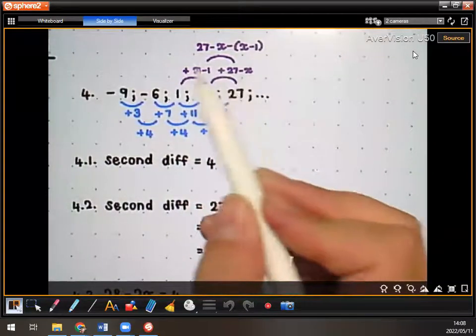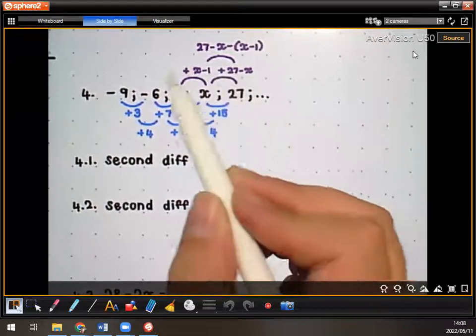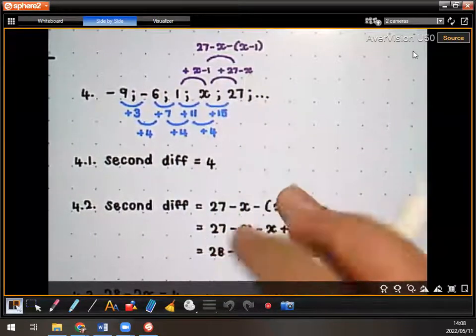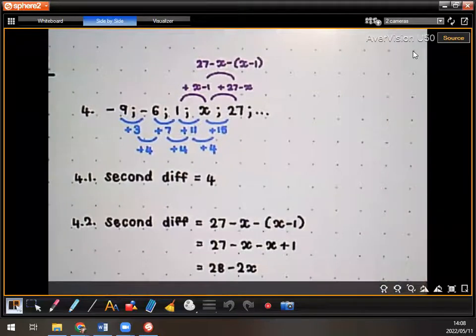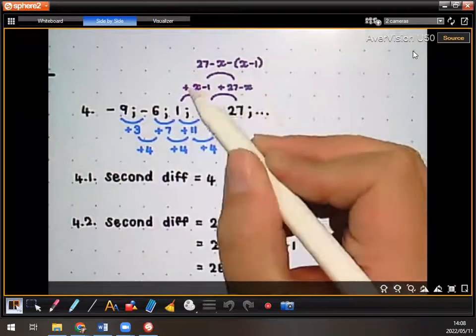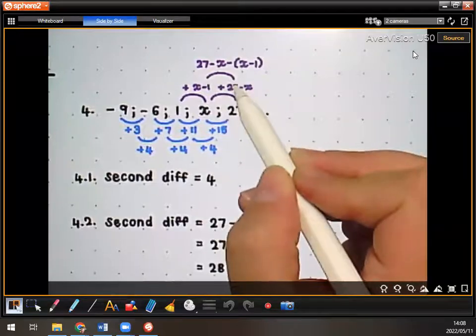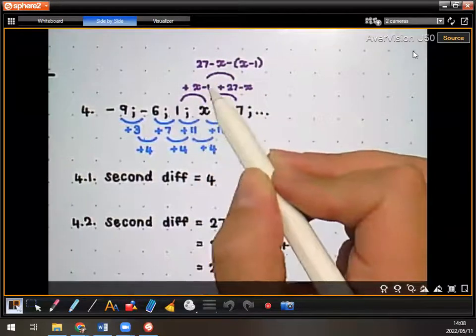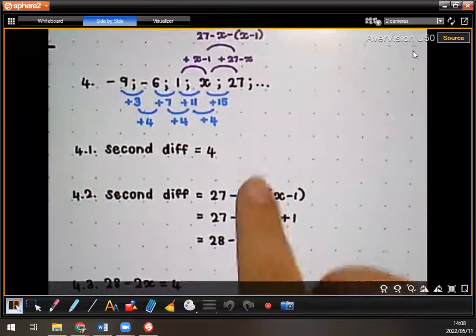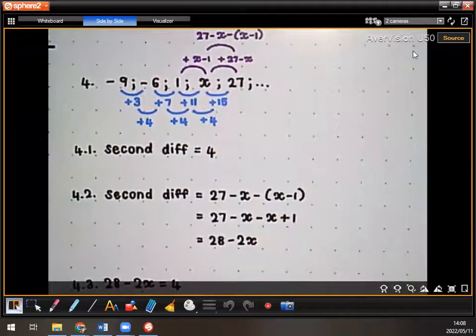So for these two first differences, x minus 1 and 27 minus x, when they ask for the second difference, you take that one minus the one before, which is so complicated. So it's 27 minus x, minus x minus 1, and that is what you have to do in order to get the answer to 4.2.